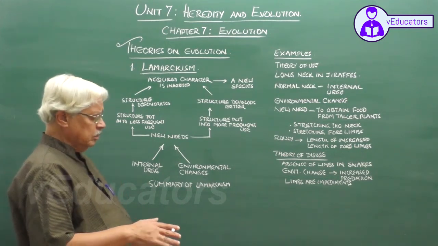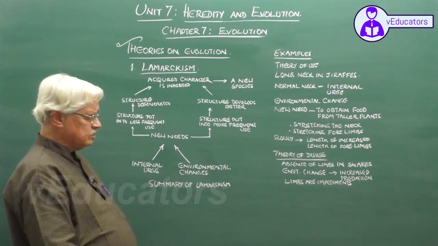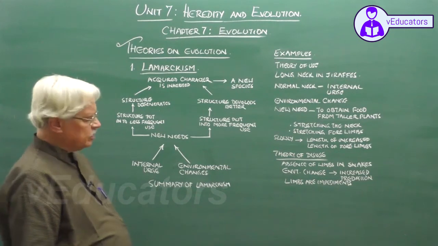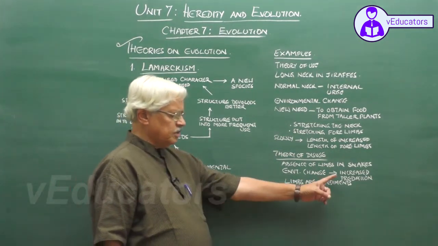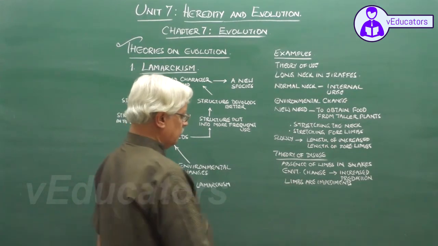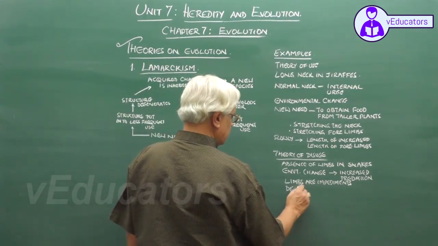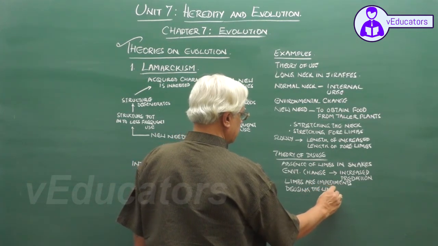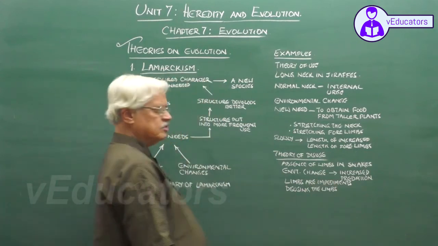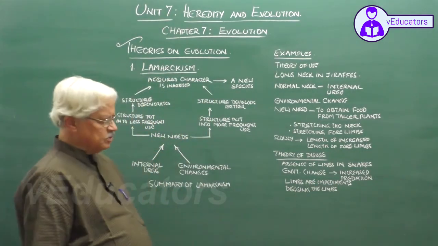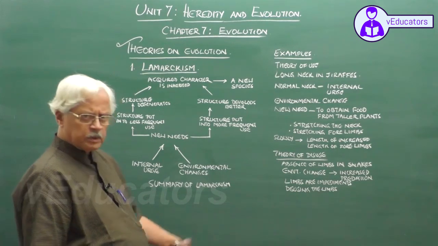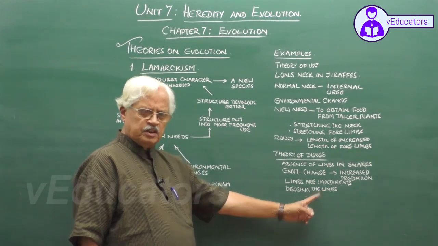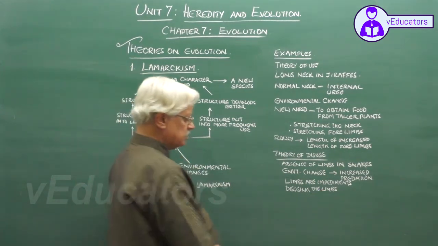Instead, they disused the limbs, started crawling on the ground and got into crevices to escape from their enemies. And Lamarck says this act of disusing the limbs over a long period of time reduced the limbs generation after generation, and finally the limbs disappeared.